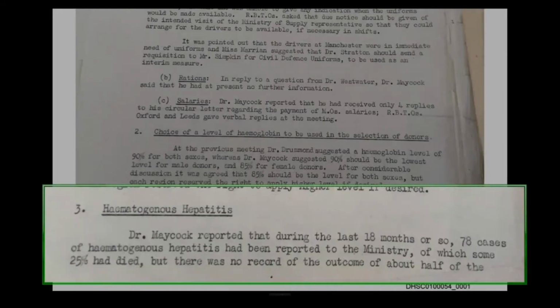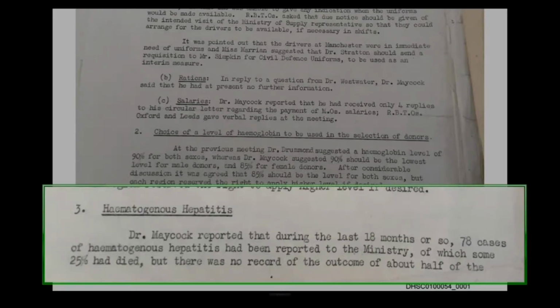We then have a set of minutes of a meeting of Dr. Maycock and the regional blood transfusion officers at DHSC 013054, please. The meeting took place on the 14th of January 1948. And if we go to the bottom of the page, we can see minuted that Dr. Maycock reported that during the last 18 months or so, 78 cases of hematogenous hepatitis had been reported to the ministry, of which some 25% had died.